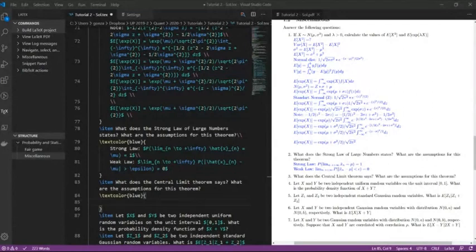As far as I remember, the central limit theorem is about the mean of a distribution.